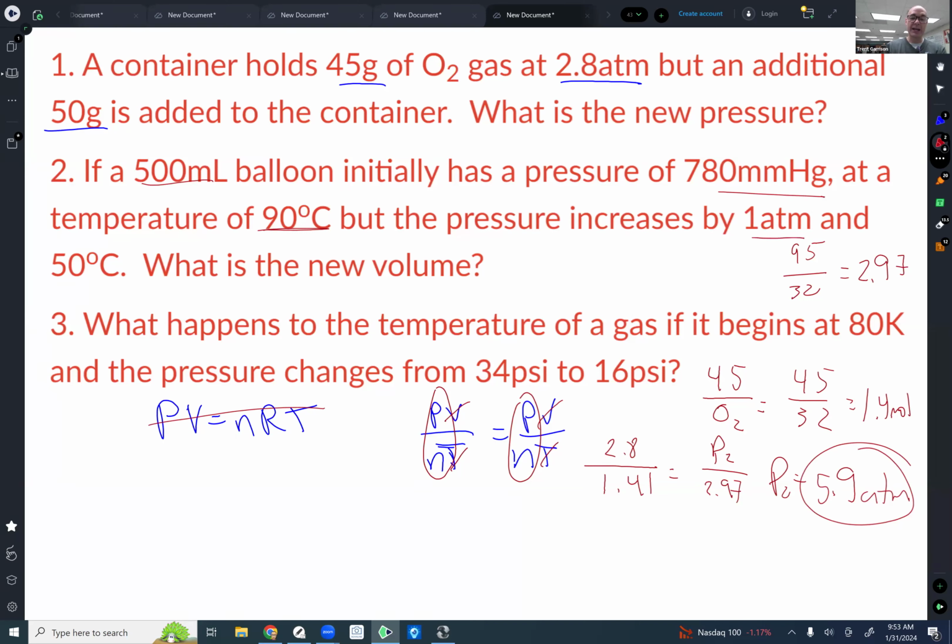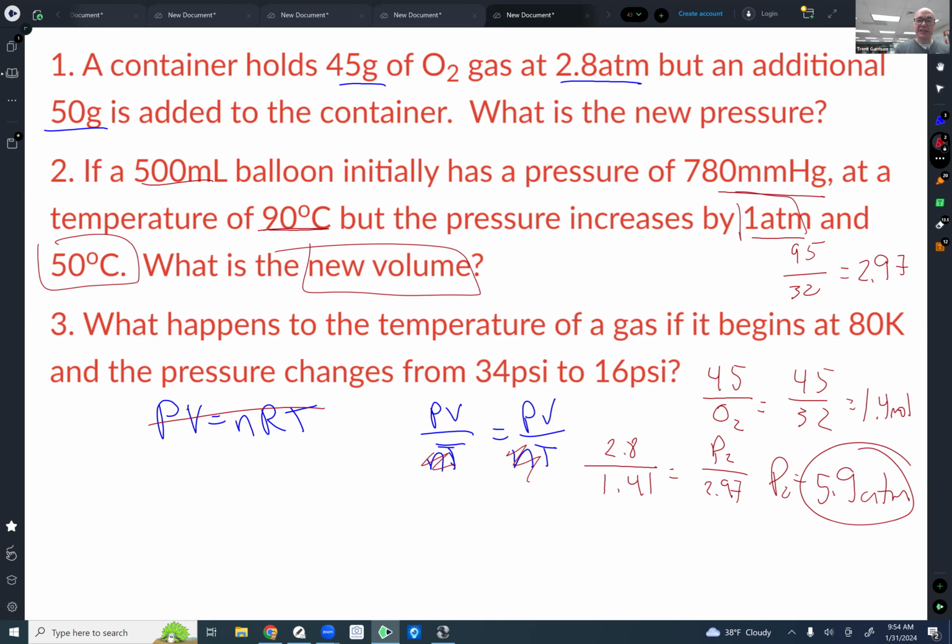So right away, I know I do not have PV equals nRT because I have a few items that have changed. And so that means you have to deal with the combined gas law. And what you will notice is I have a new pressure, a new temperature, and it's asking for a new volume. So that means everything stays in this equation except for the moles. So we're just going to plug it all in and convert them into the correct units.